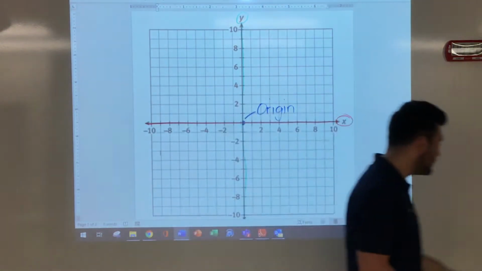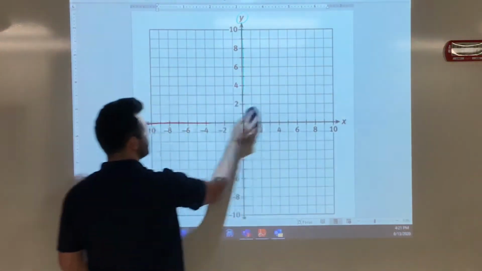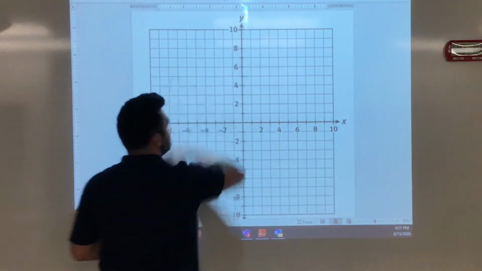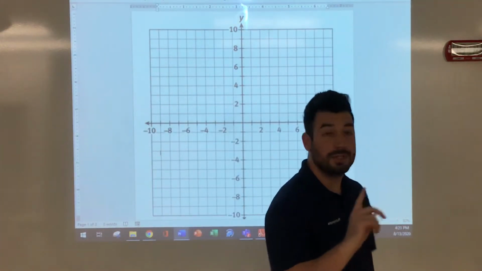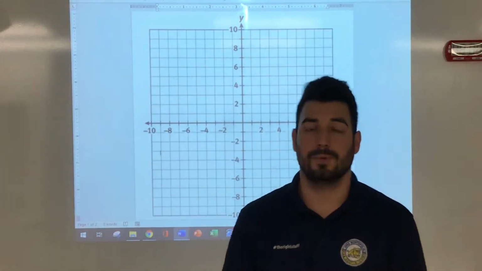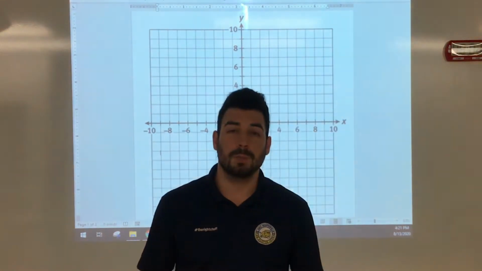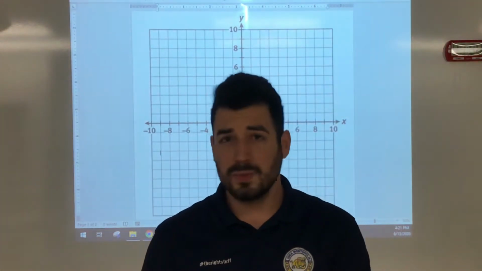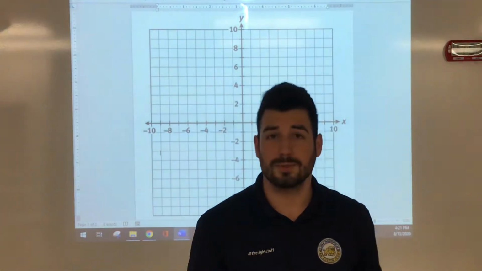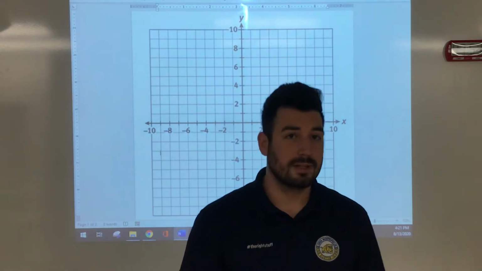I'm going to go and erase that. Now I want to cover the units. It's very important on your coordinate plane to recognize what we're counting by, because sometimes you may be counting by ones, twos, tens, and so forth. It depends on the information that's given.